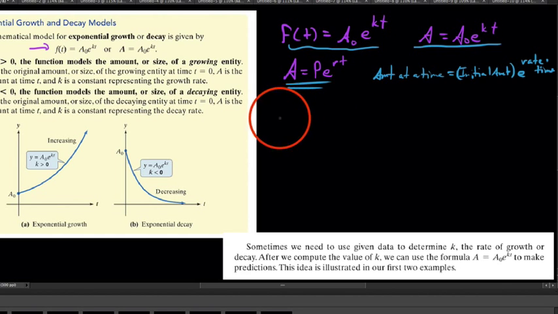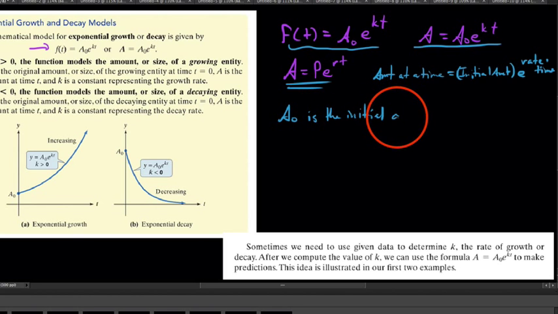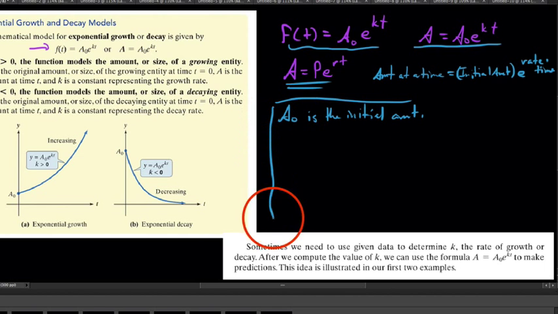And so let's write a few things here. We say A0 is the initial amount. That's one thing we want to write here. Let's say that we want to find our amount of something at a given time 0.